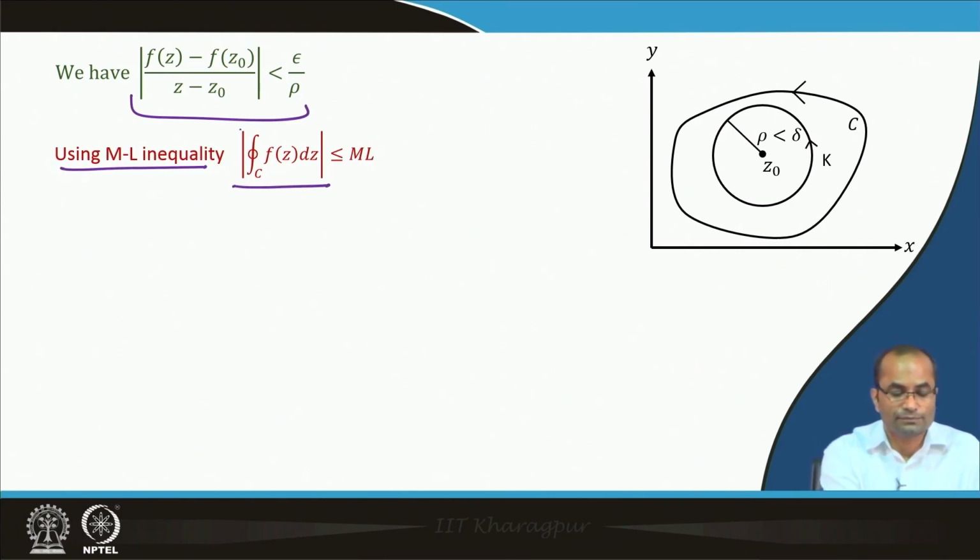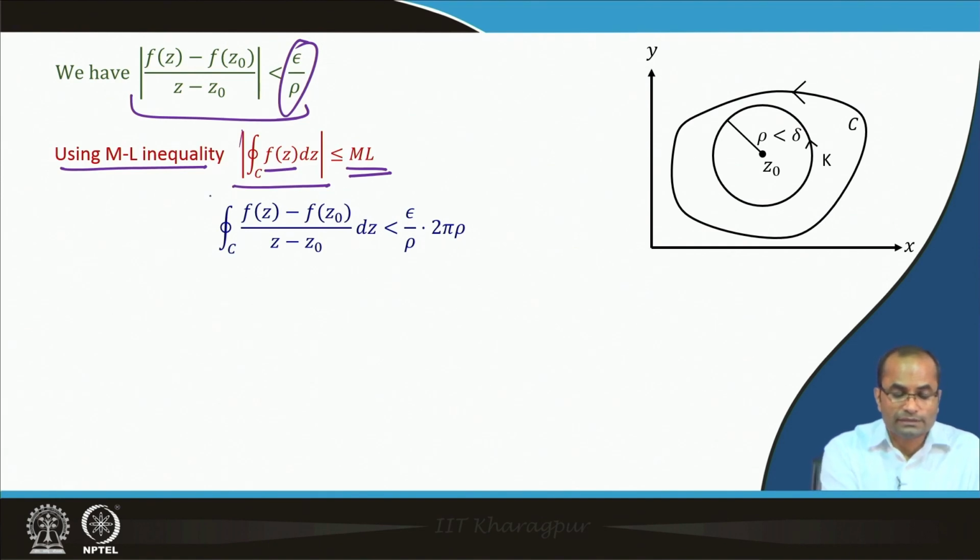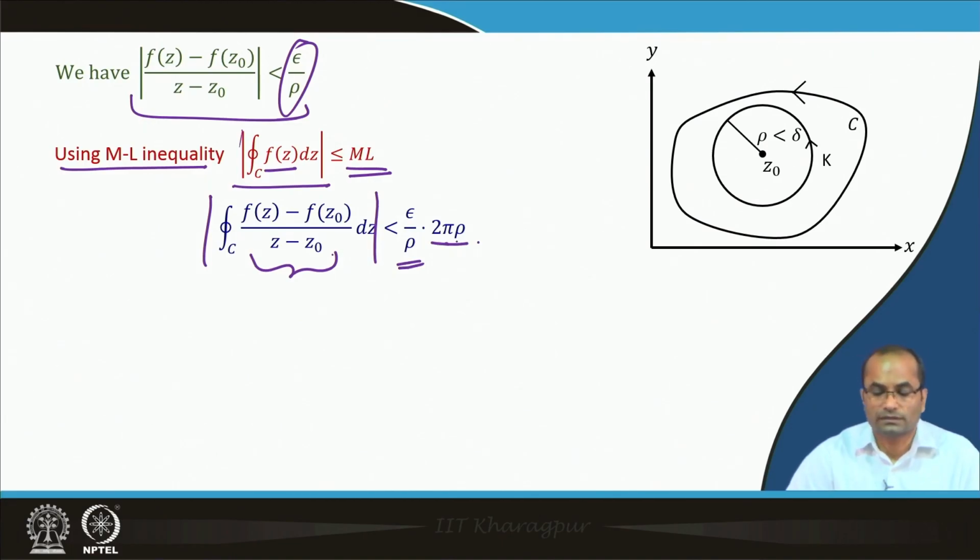The absolute value of this integral is bounded by M times L, where L is the length of the curve and M is the upper bound for the integrand. We already have the upper bound for the integrand, epsilon over rho, and the length is 2 pi rho, the circumference of the circle k, where rho is the radius. If this is simplified, we get 2 pi epsilon.